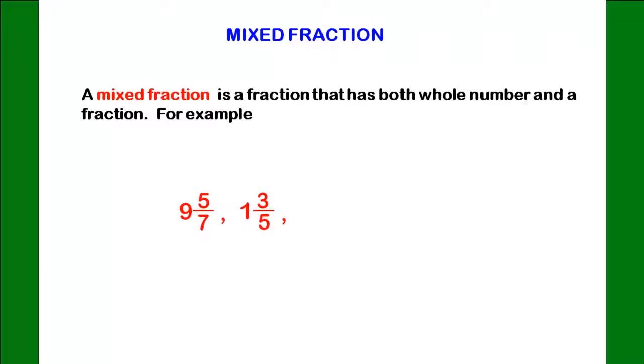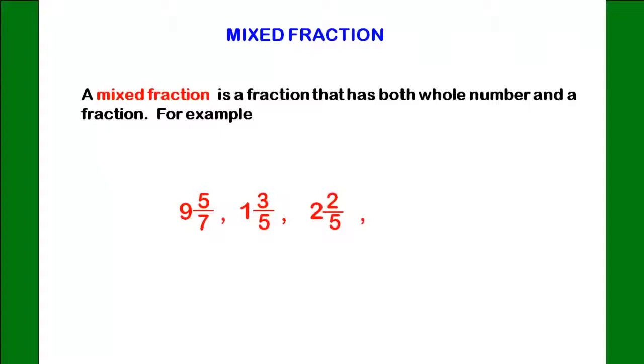If you look carefully, you will see that the mixed fraction always has a whole number. Another example is 2 whole number 2/5. 2 is the whole number, the second 2 is the numerator, and the last number, which is 5, is the denominator.